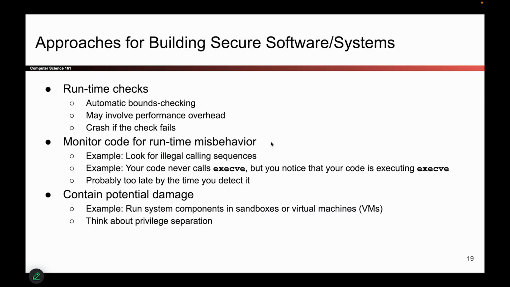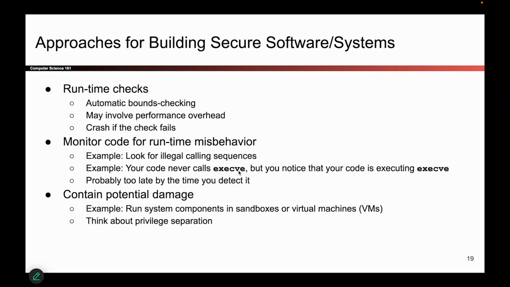So we could have some tool that's running alongside the program, and it's looking at what the code is doing. So it's watching the code really carefully and checking if the code is behaving in any strange way. And if the code is behaving very strangely, that could be a sign that someone has exploited the code. So for example, let's say you write a piece of code, and your code never calls the execv library function.